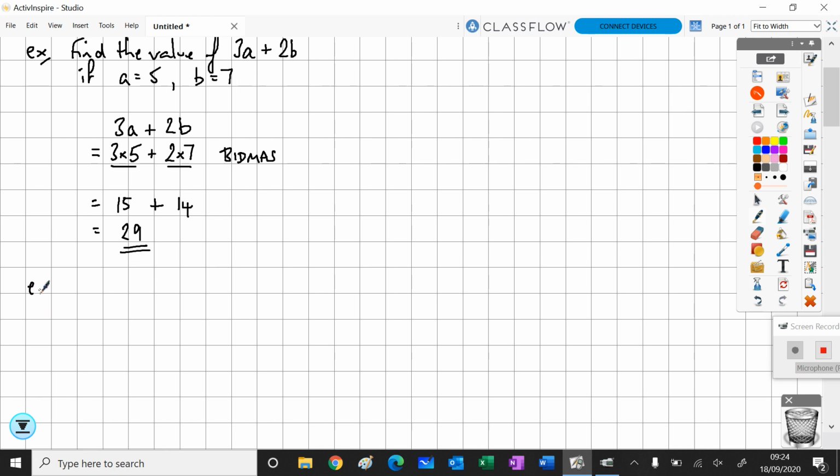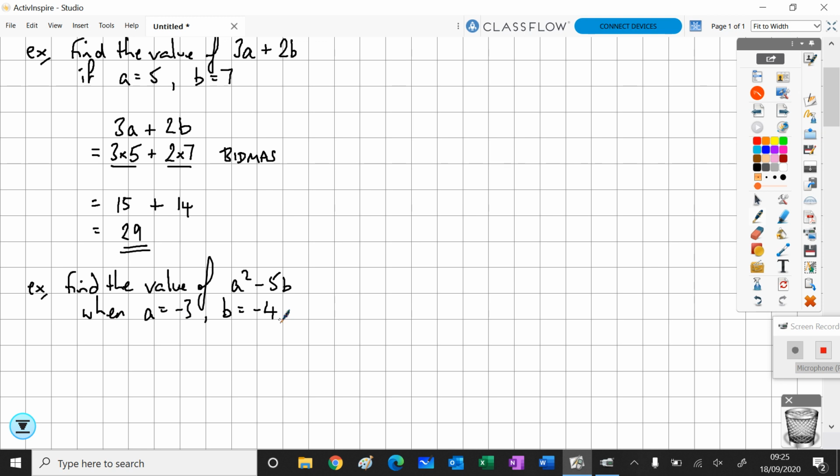You could have something like: find the value of a squared minus 5b when a equals negative 3, b equals negative 4.